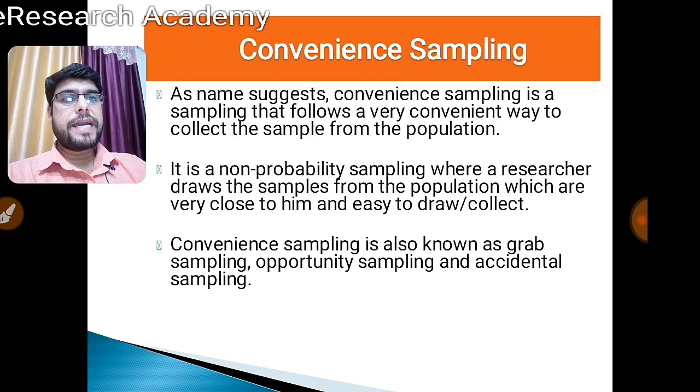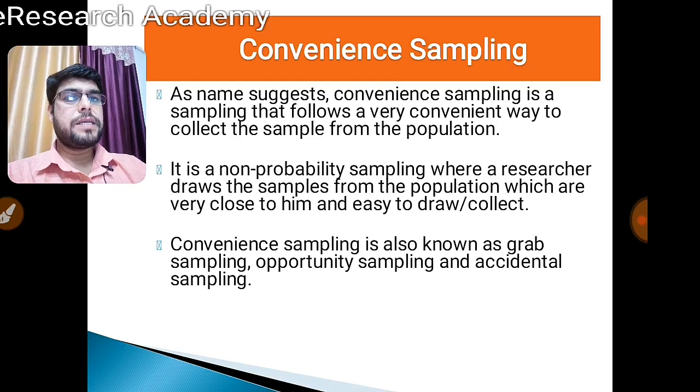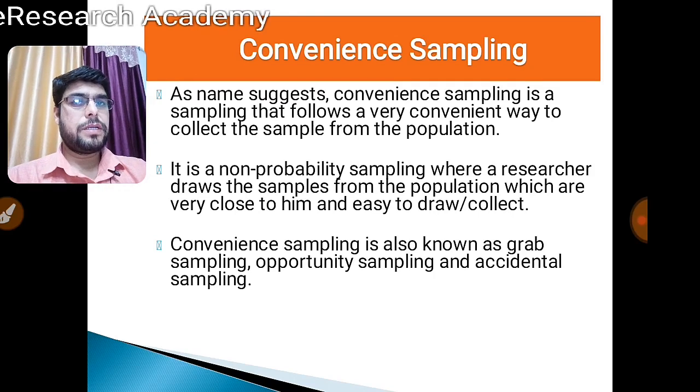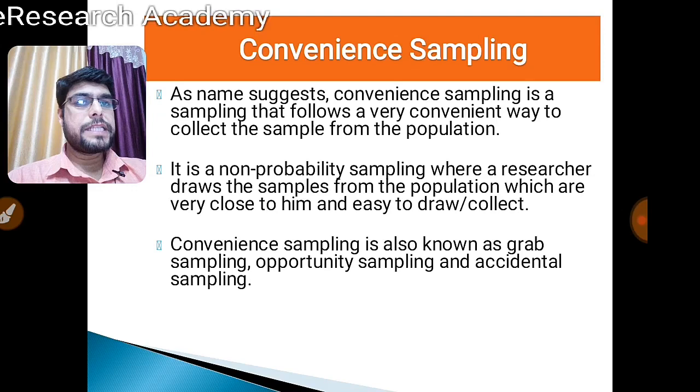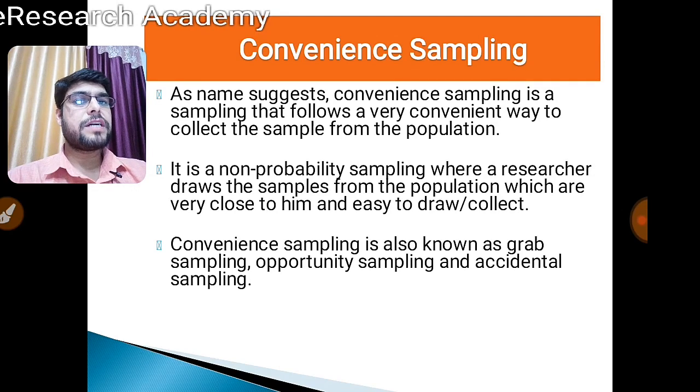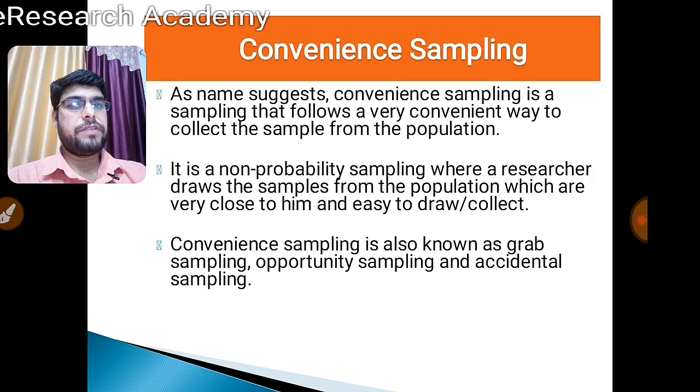As the name suggests, convenience sampling is a sampling technique that follows a very convenient way to collect the sample from the population. It is a non-probability sampling where a researcher draws the sample from the population which are very close to him and easy to draw or collect. That is why it is known as convenient sampling or convenience sampling.